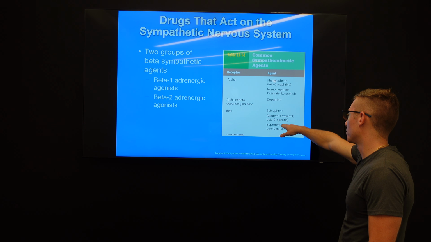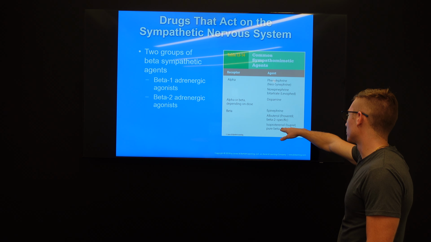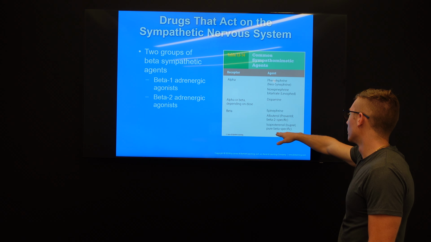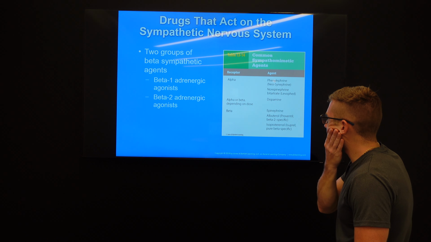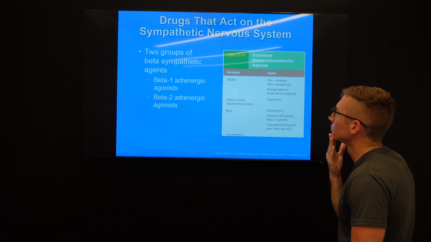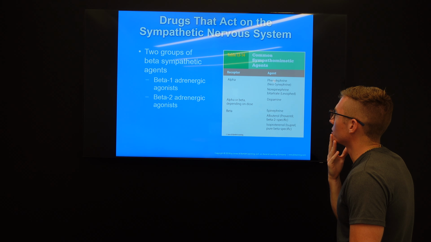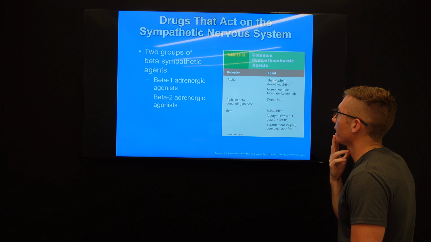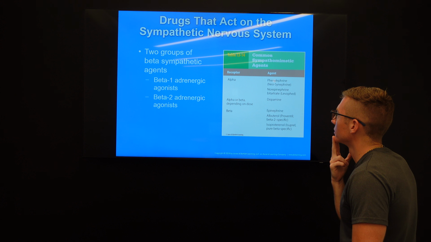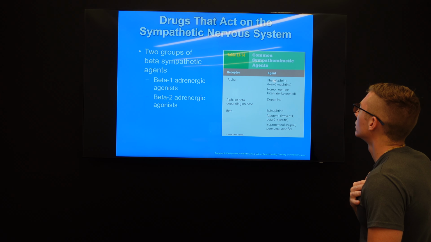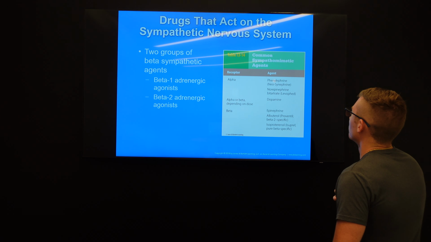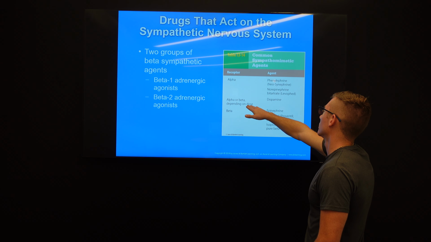Beta 2 specific, isoproterenol or Isuprel, pure beta specific. So beta 1 adrenergic, beta 2 adrenergic agonists. I'm trying to make sure this dopamine, I think this dopamine goes with alpha or beta.